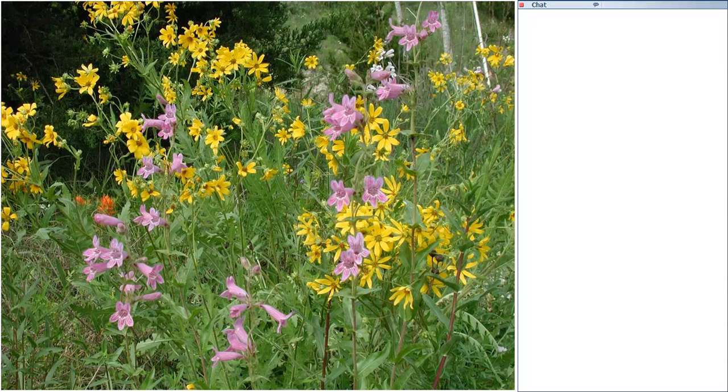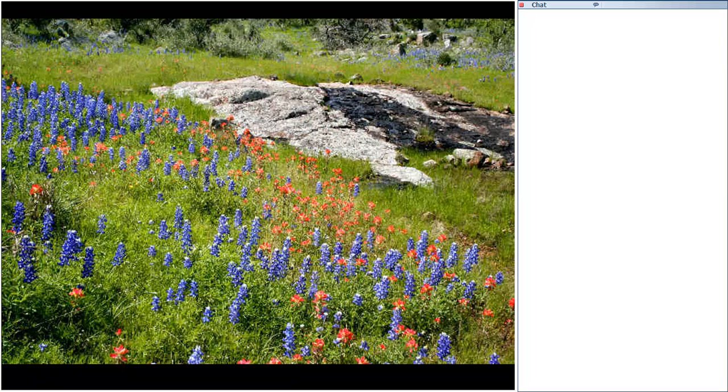Another component is the annual forbs, so things like bluebonnets and paintbrushes and such. So a healthy grassland community is going to have a variety of those.